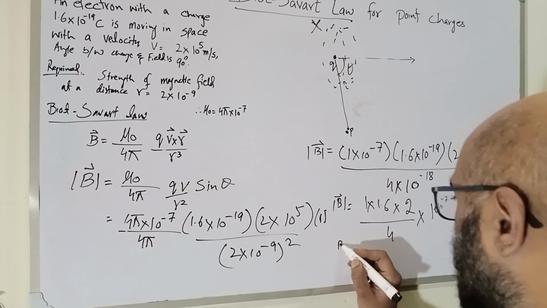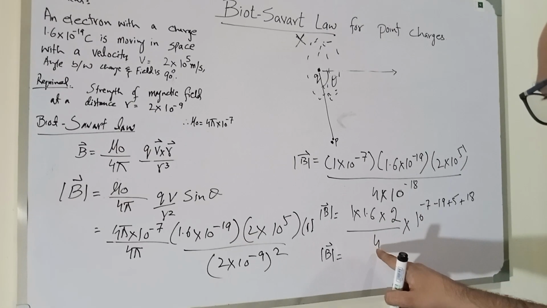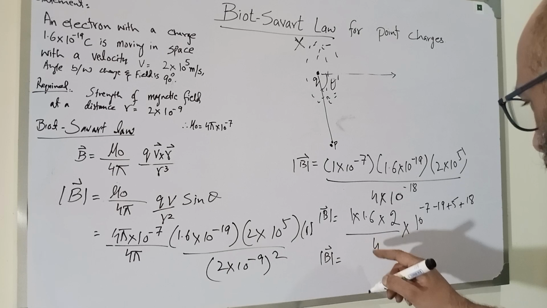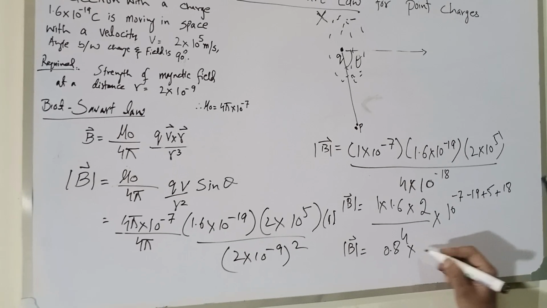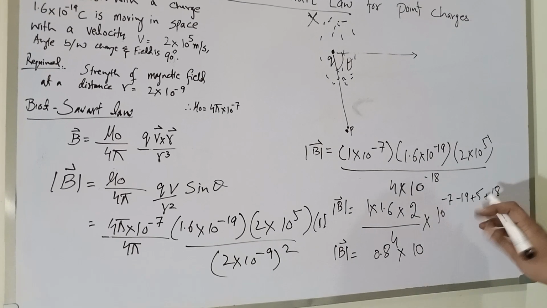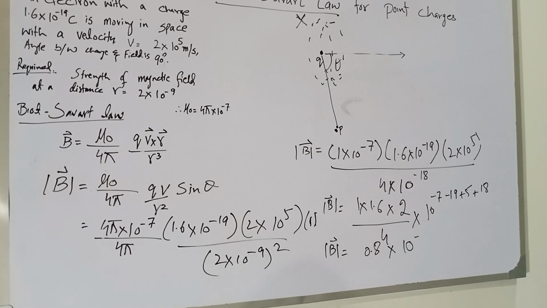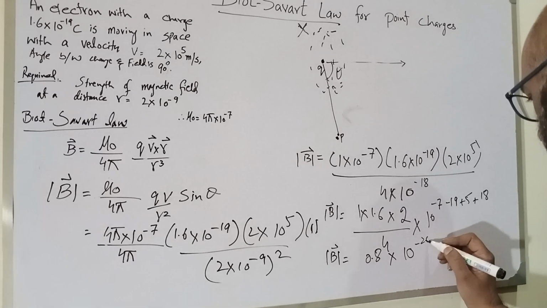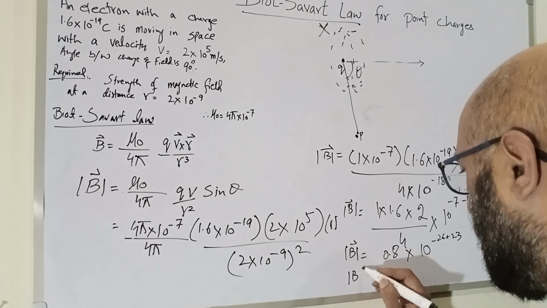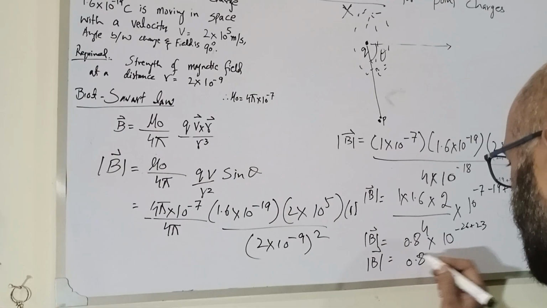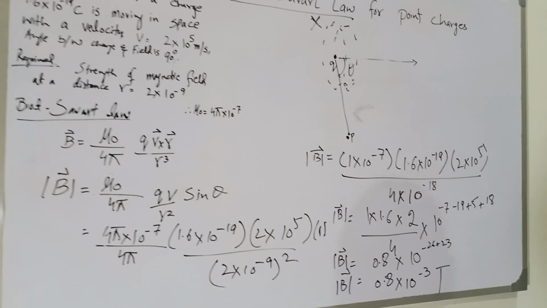So simplify it a little bit more. What we get is 0.8 multiplied by 10 raised to the power minus 26 plus 23, and the final magnitude we get is 0.8 multiplied by 10 raised to the power minus 3 Teslas.